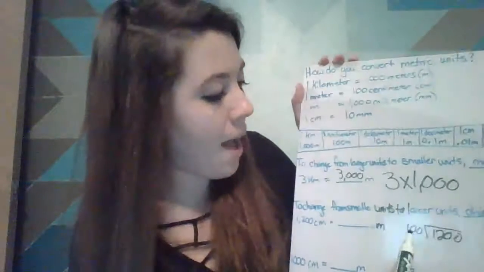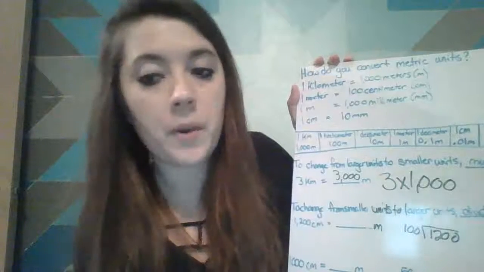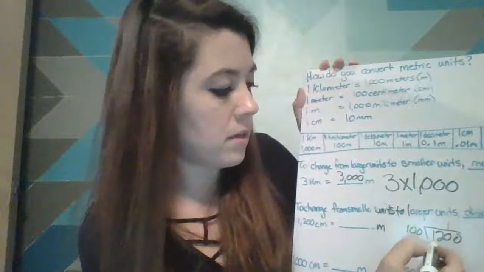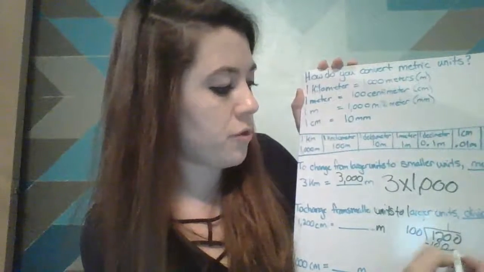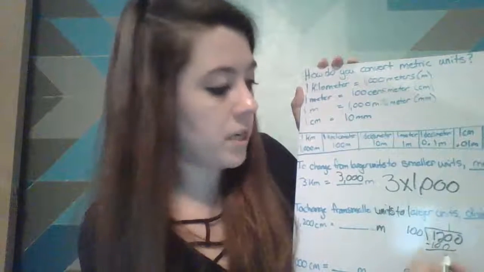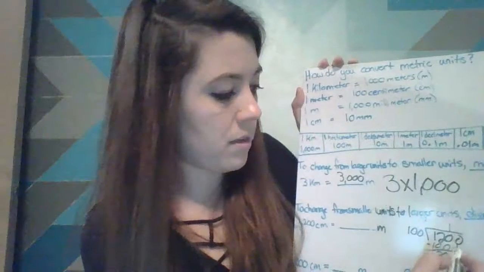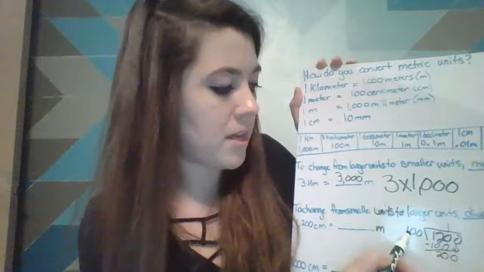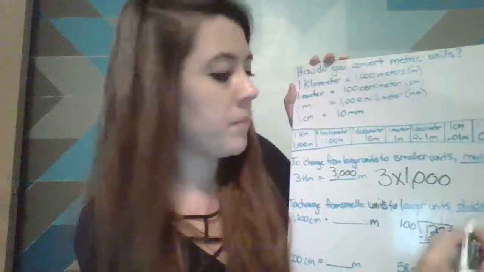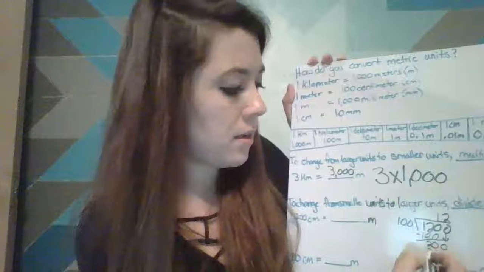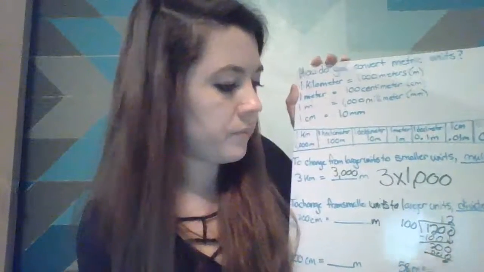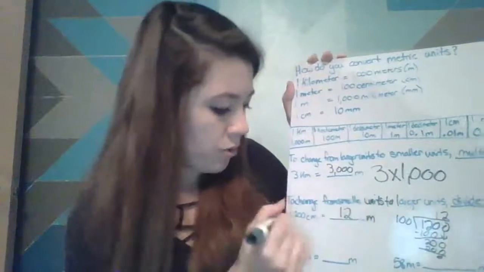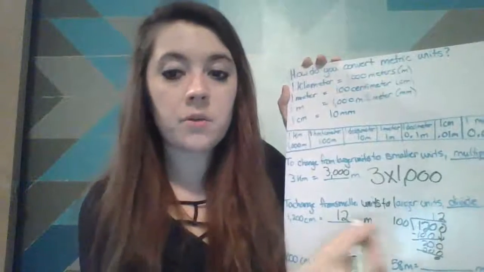So how many times can 100 go into 120? Well, it can go in there once. We subtract: 120 minus 100 is going to give us just 20. We bring down our 0. How many times can 100 go into 200? Well, it can go in there twice. We get 200. Works out perfect. So 1,200 centimeters equals 12 meters.